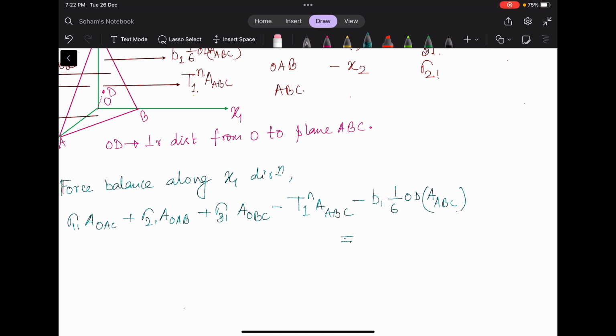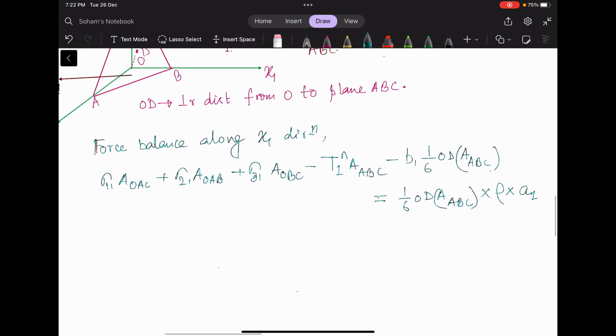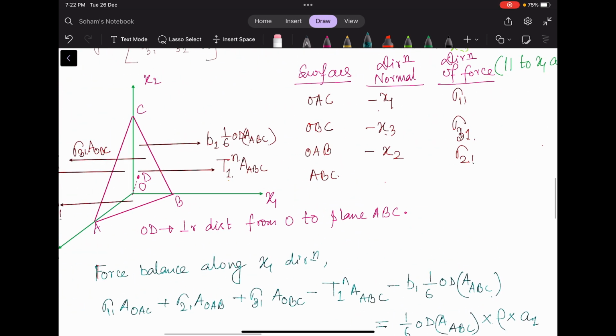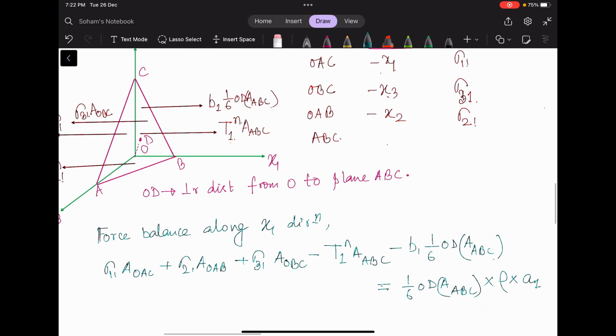So mass will be volume, that is 1 by 6 OD area of ABC, into rho, that is mass, times acceleration along A1, right. Now how can we relate area of ABC and OAC, OBC and OAB, and why we have to relate that?